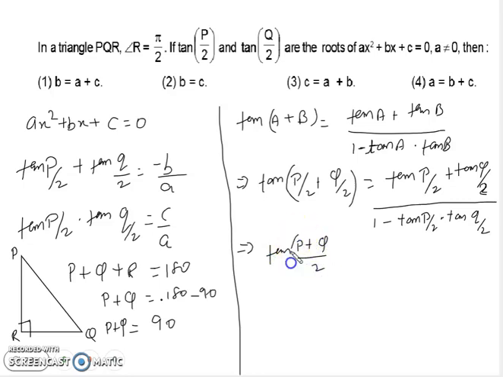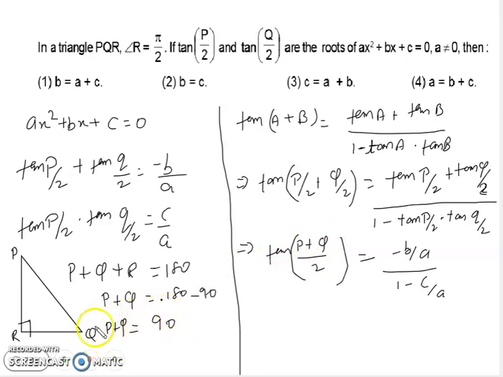And what is the value of tan of P by 2 plus Q by 2? It equals minus b by a, from the equation, right? And 1 minus the product of roots, which is c by a, so we can write here 1 minus c by a, guys, right?